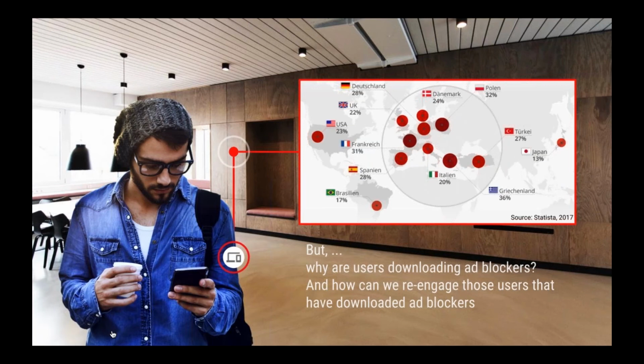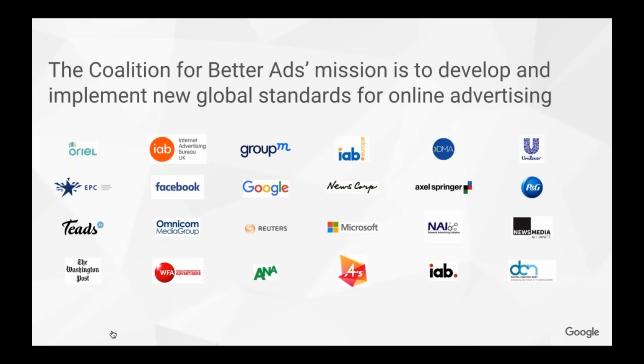And through sharing of research across all of the different people that were initially part of the Coalition for Better Ads, we quickly compared notes to understand that ad experience was by far the largest driver of consumer frustration, and that ad blocking was really a symptom of what was a bad user experience online.